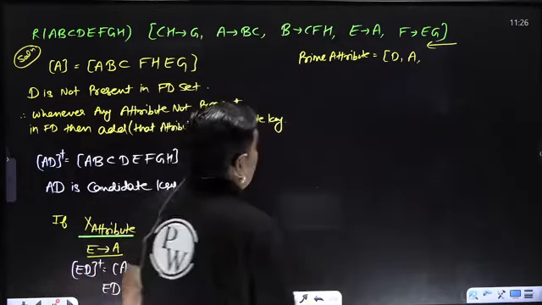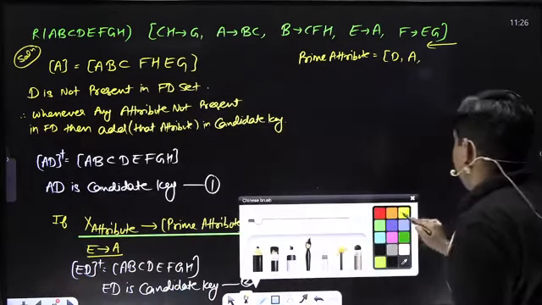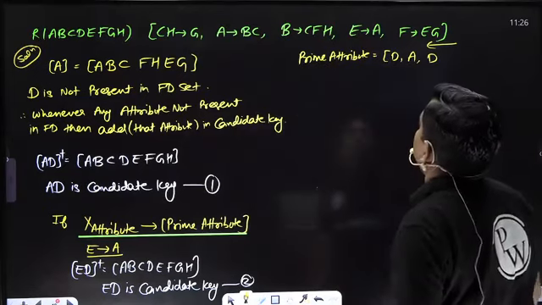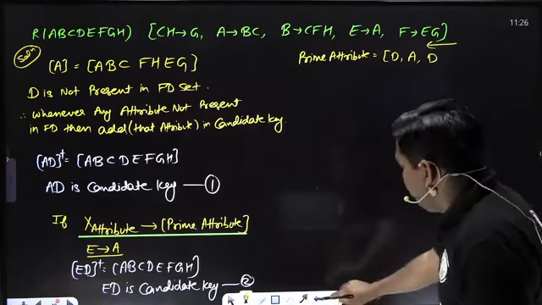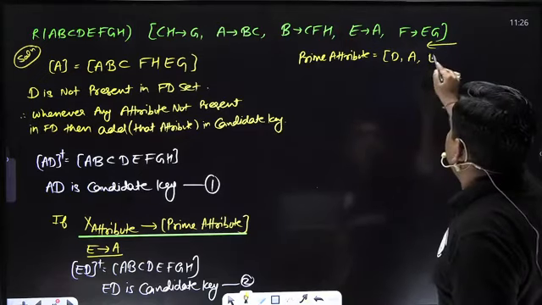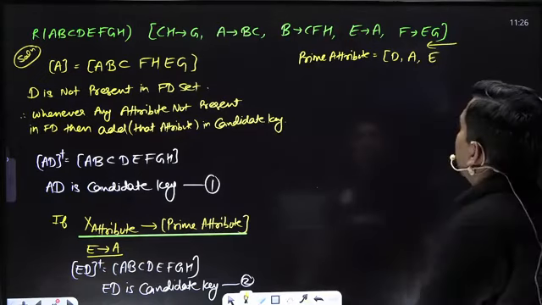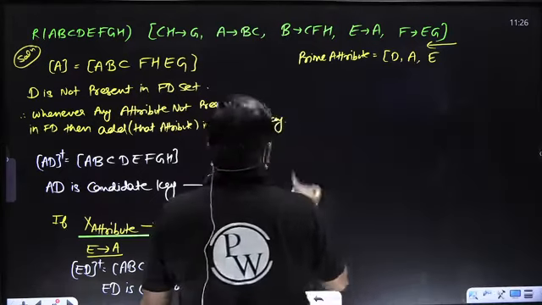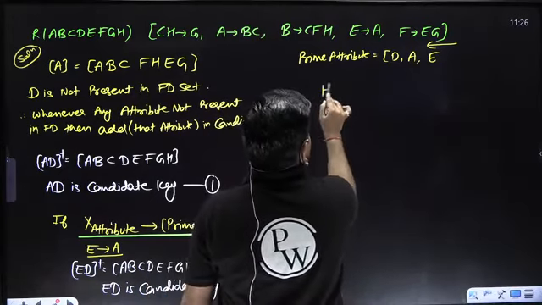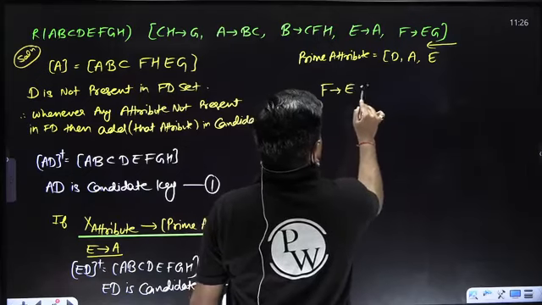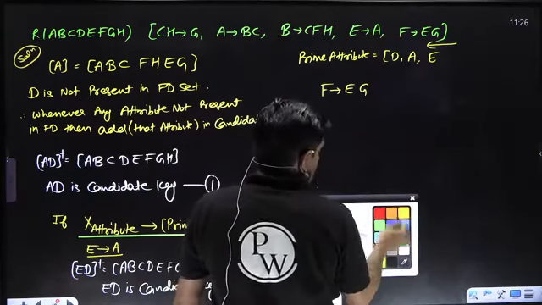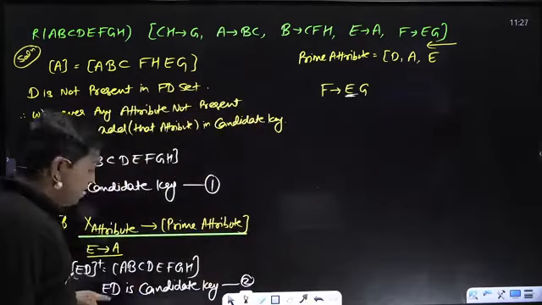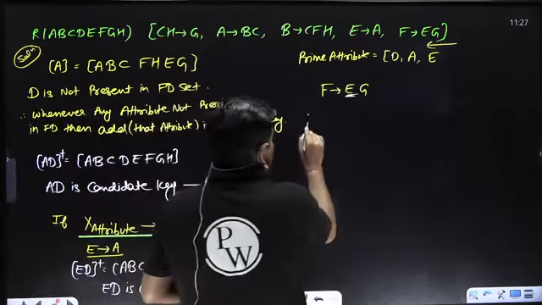Okay, now what are the prime attributes here? Add them in the list. A work finished, yes sir. Next is E. Now E's work is also finished. Now you can see, F determines EG. Where is your E coming from? It is coming from F. So here, what can you write in place of E? You can replace it with F. So FD.